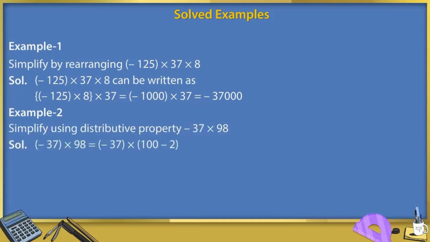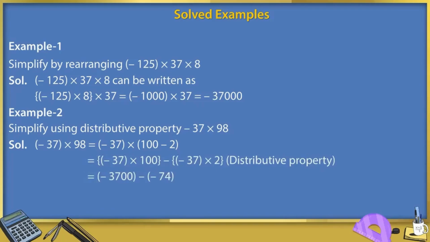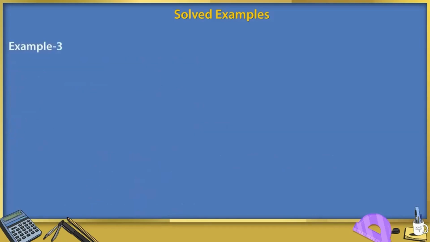Solution: (-37) into 98 is equal to (-37) into (100 - 2), which is equal to (-37) into 100 - (-37) into 2, by distributive property, which is equal to -3700 - (-74), which is equal to -3700 + 74, which is equal to -(3700 - 74), which is equal to -3626.